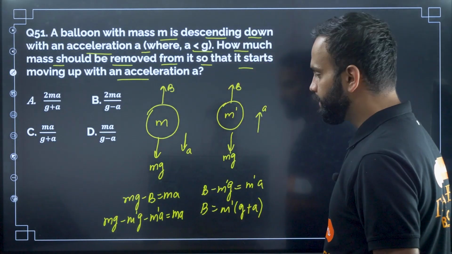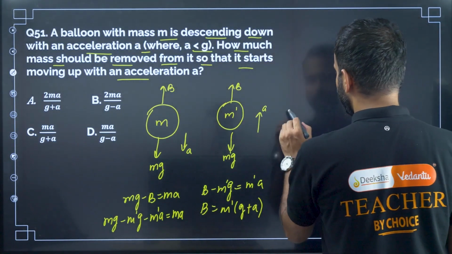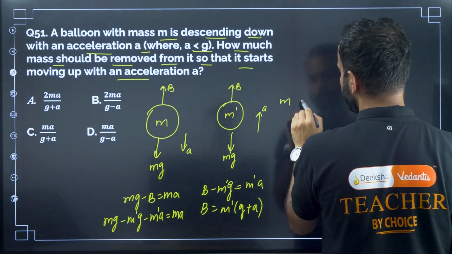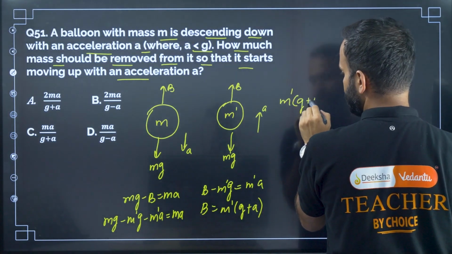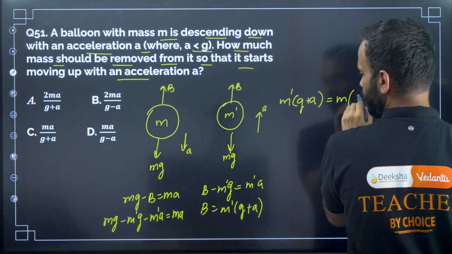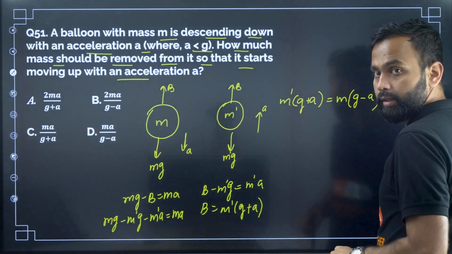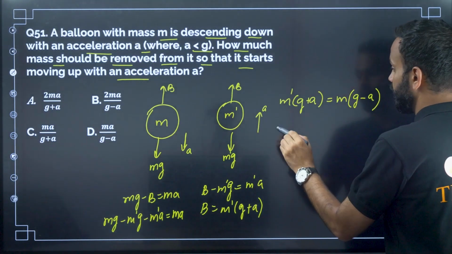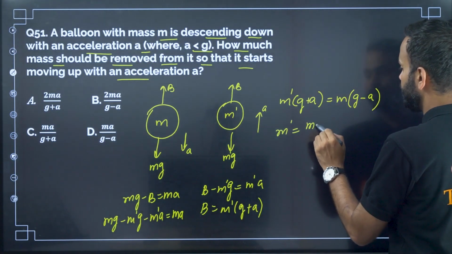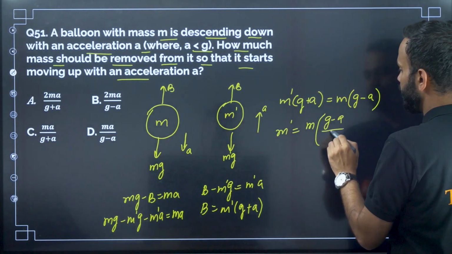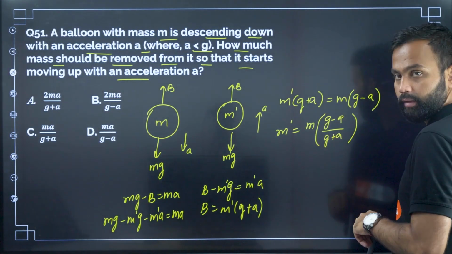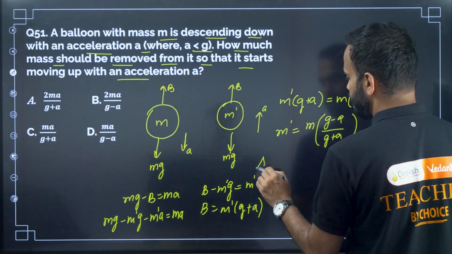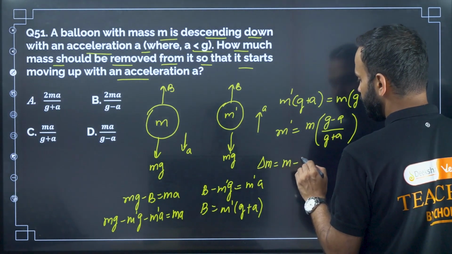We need to find m dash, right? So m dash into g plus a equals m into g minus a. We need to find m minus m dash, not m dash. Now m dash is equal to m into g minus a divided by g plus a. So delta m equals m minus m dash.